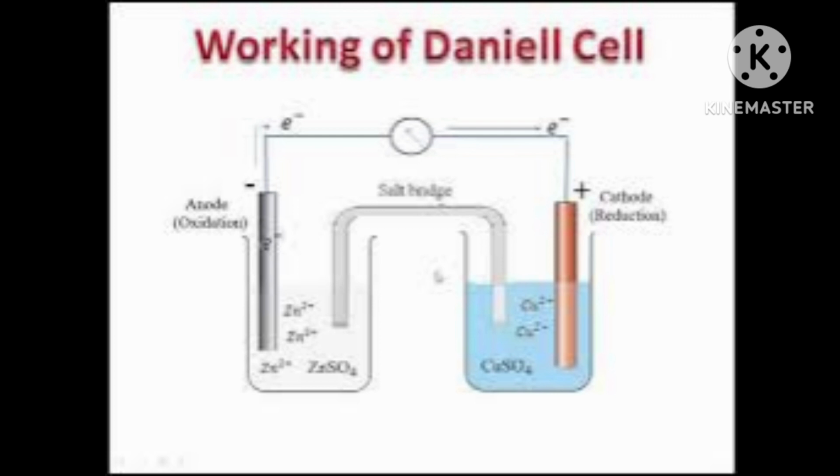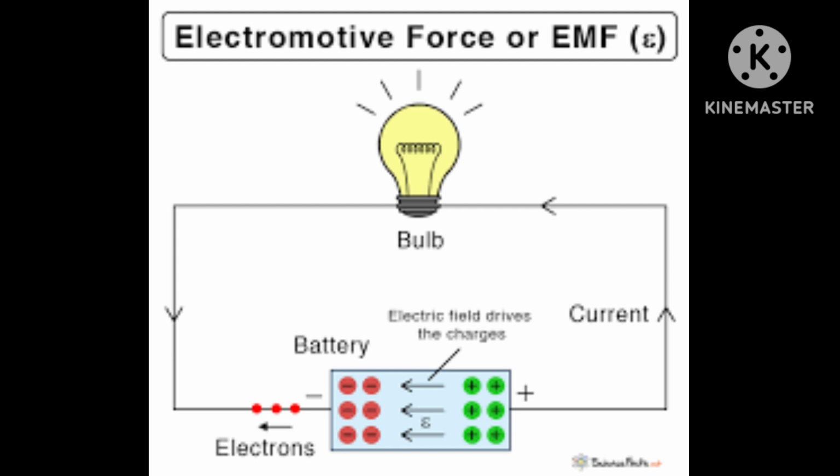One, you are allowing both to mix, means only in the same compartment, same utensil, same vessel, you are keeping both. The other type is separate: you take Zn-SO4, separately you take copper sulfate, and you put the Zn rod in Zn-SO4 and the copper rod in copper sulfate, and both you join through a conducting wire via voltmeter or ammeter.